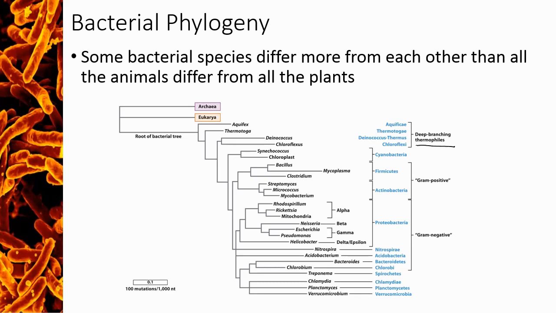These thermophiles, for example, live at temperatures close to boiling that would kill both you and all these other bacteria on the list, while cyanobacteria contain chlorophyll and are able to do photosynthesis, something that most of these other bacteria listed here could not do. This highlights some of the diversity of bacteria. In fact, some bacterial species are more different from each other than you are from a plant cell. So don't let the fact that they are all single cells fool you into thinking they are all the same.